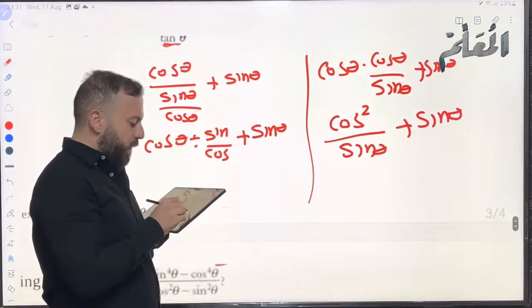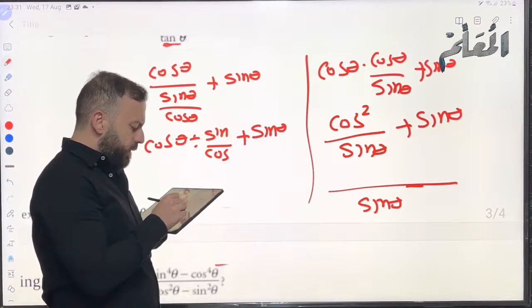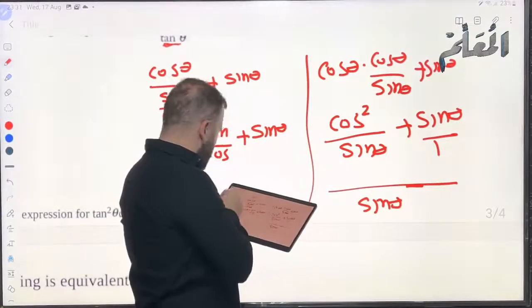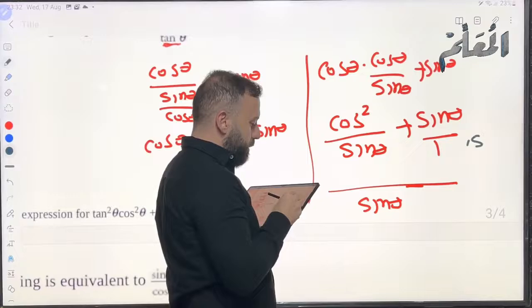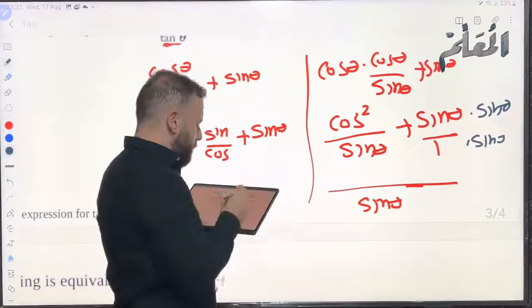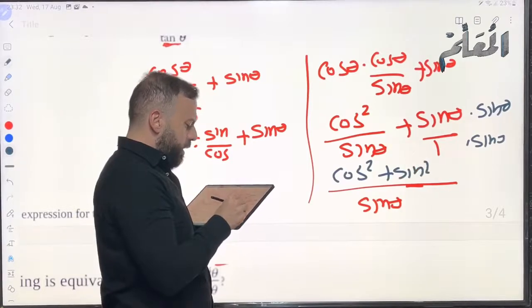If I want to unite the denominator, that's sine theta, and here we multiply times sine theta times sine theta. So at the end, that's cosine theta squared plus sine squared.